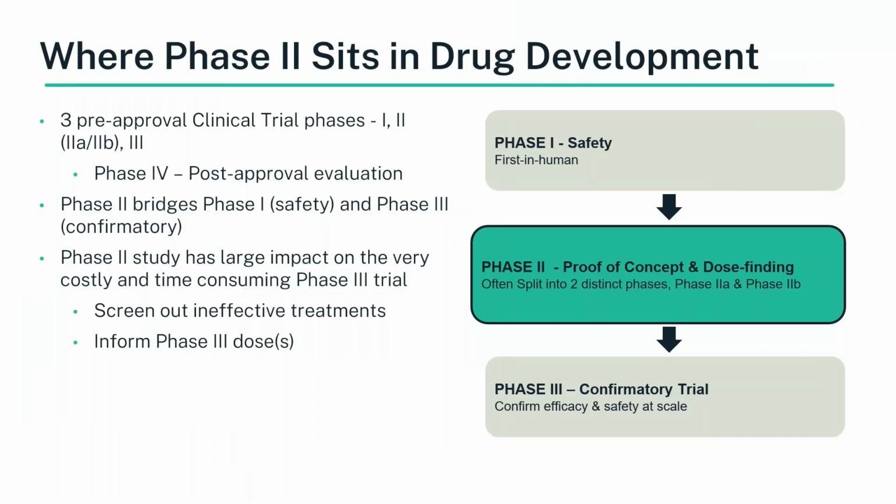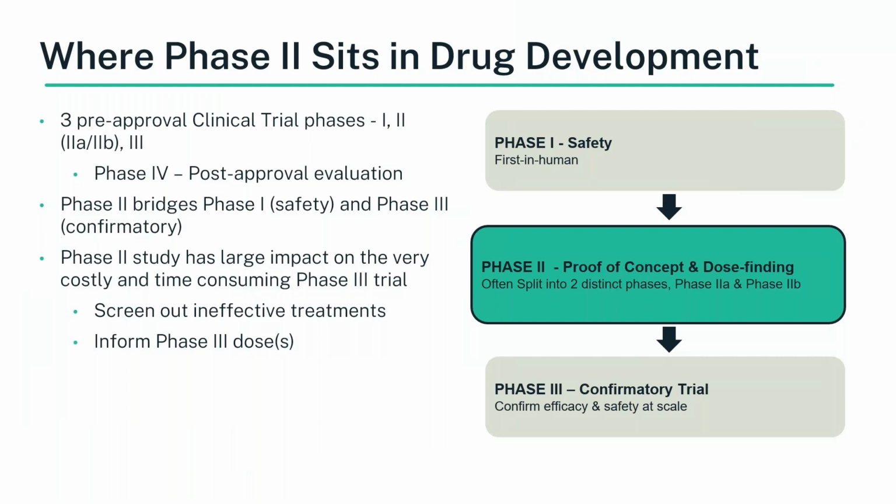An example of something like this, phase 1 is usually trying to find the maximum tolerated dose, or MTD, which is basically equivalent to the highest dose which can be administered without causing severe side effects. So this is often taken to be the maximum dose in the later phases of the clinical trials.